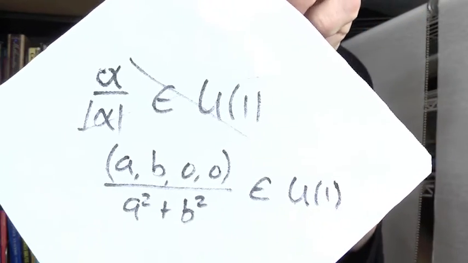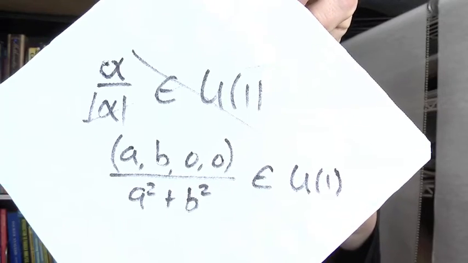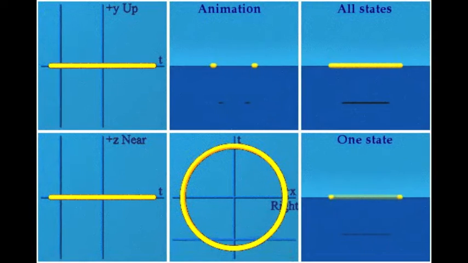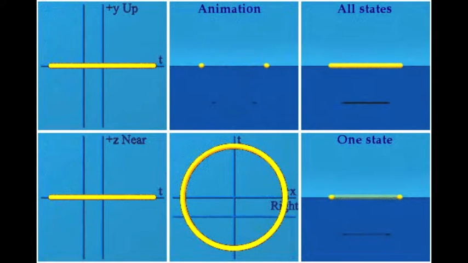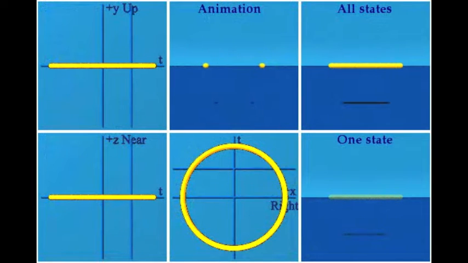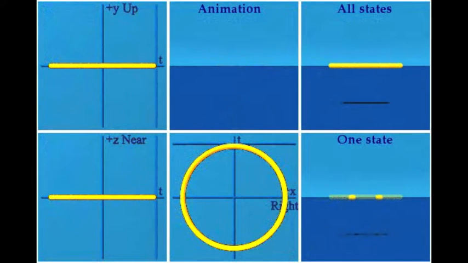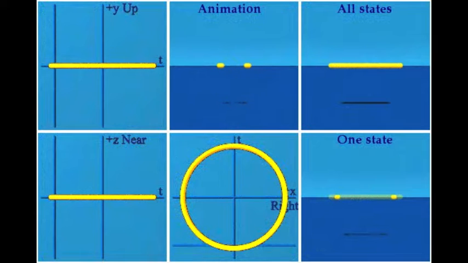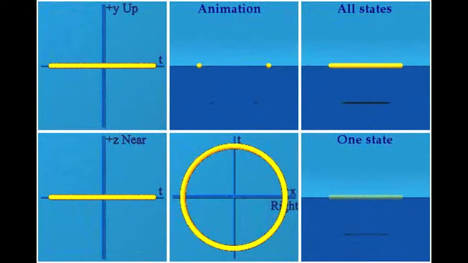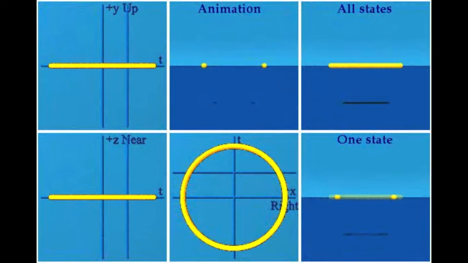I grabbed a specific quaternion, 1, 2, 0, 0, and multiplied it by itself like 300 times. That was enough to make it look nice and continuous. And you get this perfect circle in the right-left plus time complex plane.